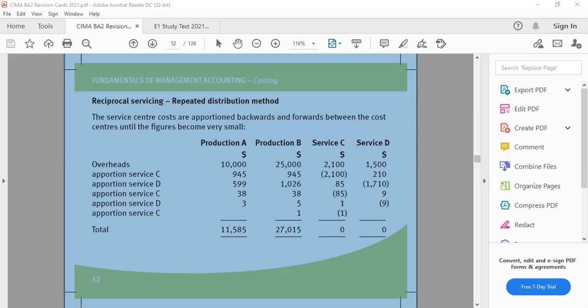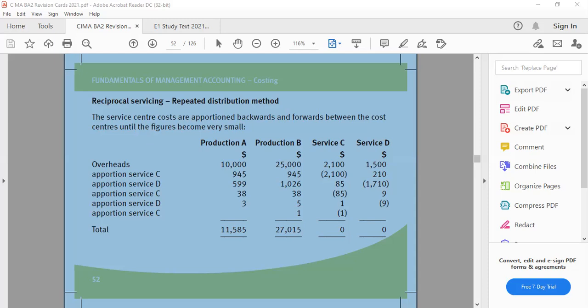C is 0, but D has total amount of 1,710, which is 1,500 which is incurred by itself and then 210 received from service department C. So nothing should be there in service department. So take this amount of 1,710 and charge it to other departments.